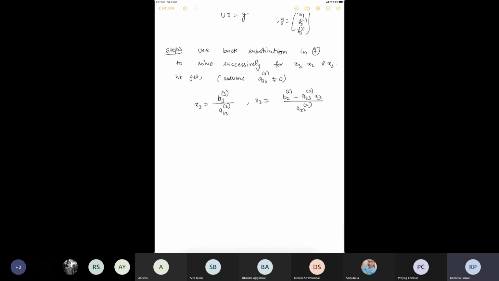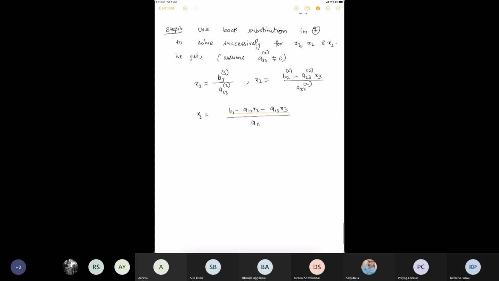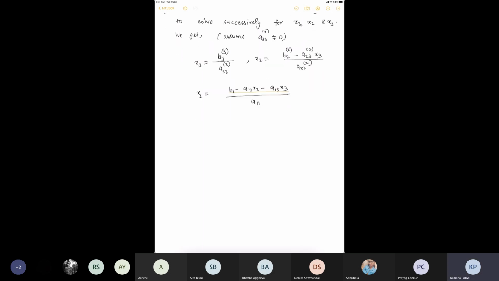Okay, and then from the first equation we can find x1. So this will be B1 minus A12 x2 minus A13 x3 divided by A11. Okay, so this is basically the algorithm for the Gauss elimination. This is how it works.